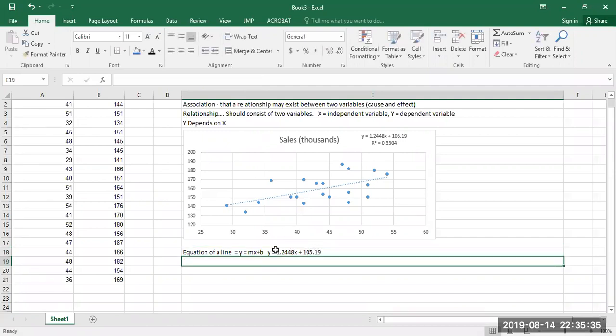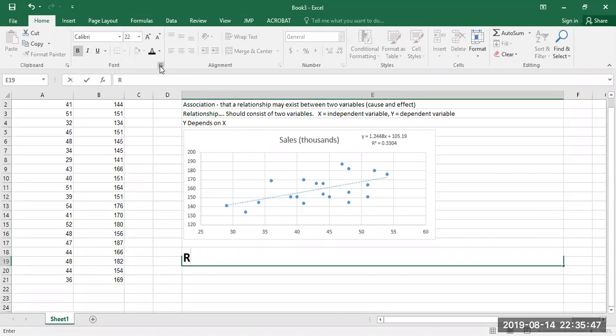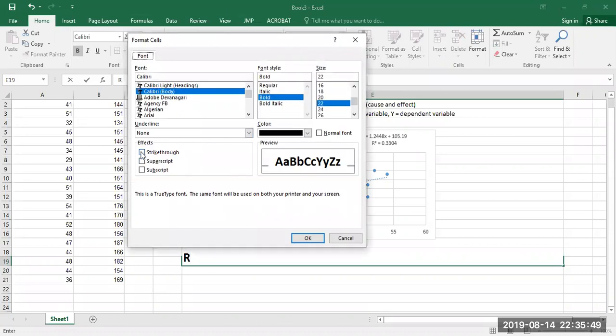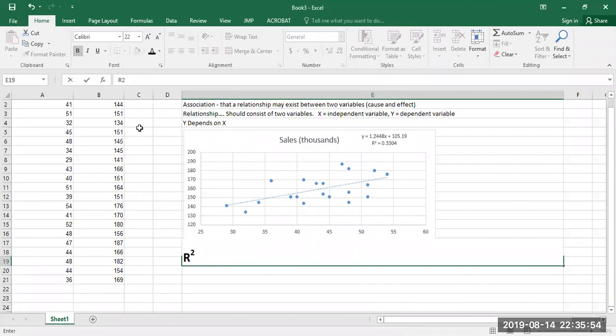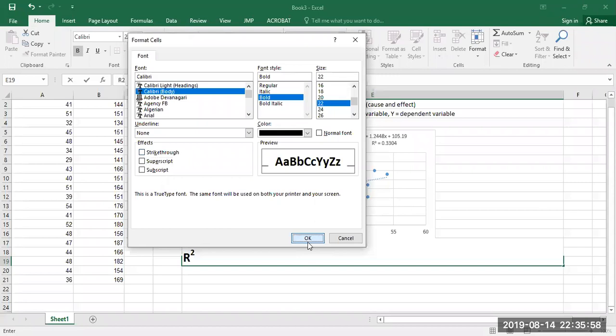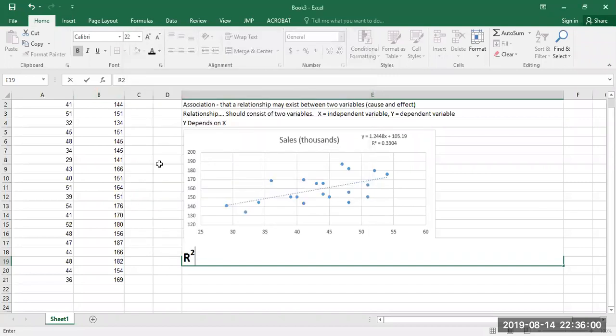The other piece of information they give us is R squared. R squared is known as the coefficient of determination. Let's make this a little bit bigger and bold. R squared is known as the coefficient of determination, and it's a really important value that is going to be used throughout almost half of the things that we cover in this class.